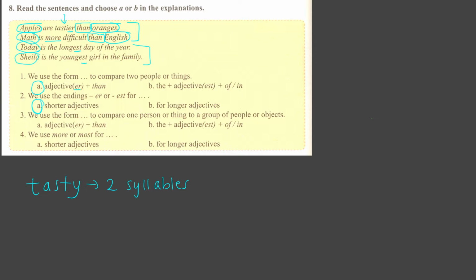There are some exceptions to this rule, but it's going to change to tastier. So we have a y to i change, and then we added er. But in the second sentence, the adjective is difficult. So that's going to be 3 syllables. And because that's a longer adjective, we're going to use more.